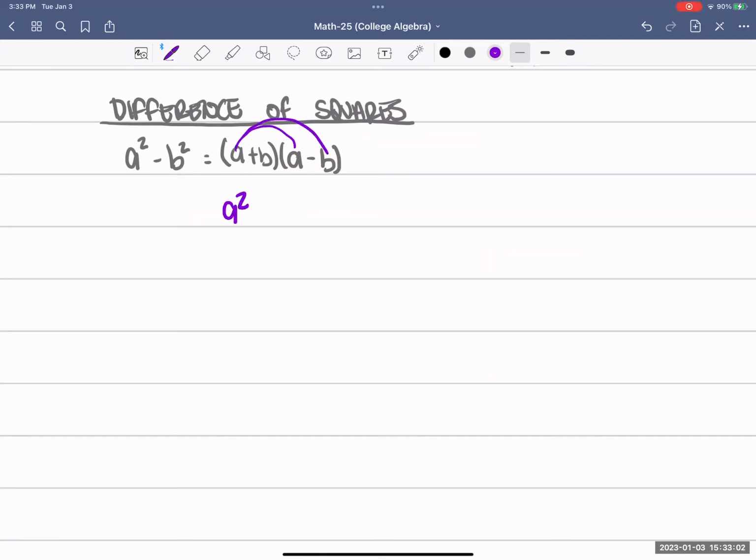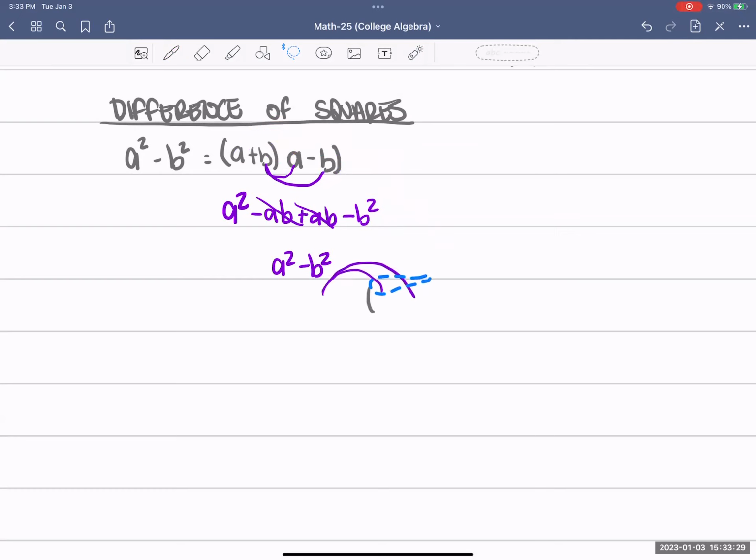A times -b gives us negative ab. B times a gives us positive ab. And b times -b gives us negative b squared. These two end up subtracting out because they're the exact same thing, just opposite. And that leaves us with a squared minus b squared. So that's just one way that we could factor these values.